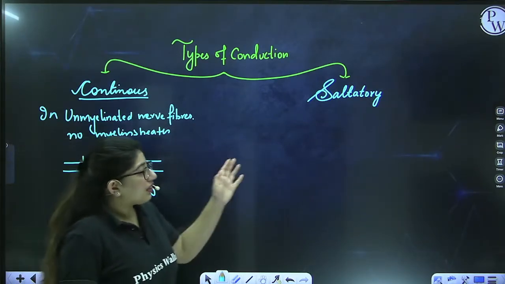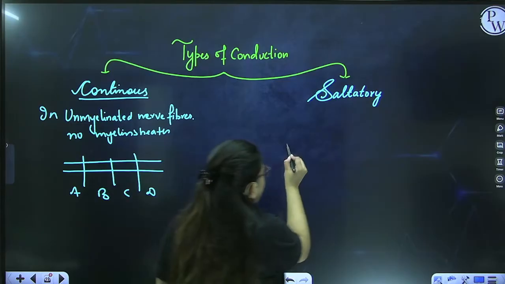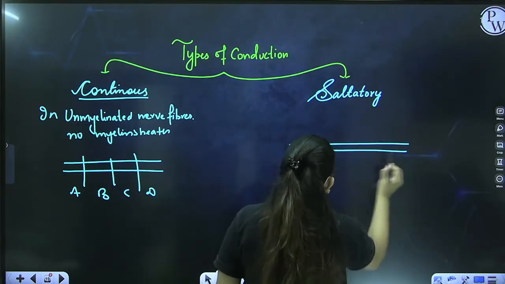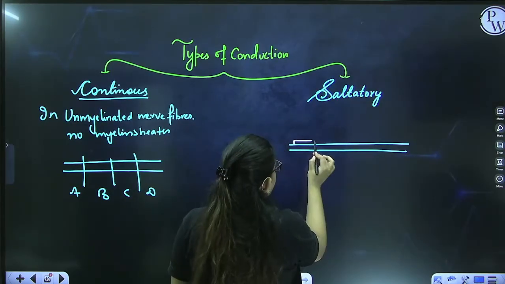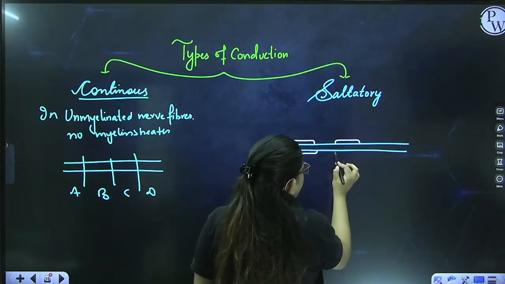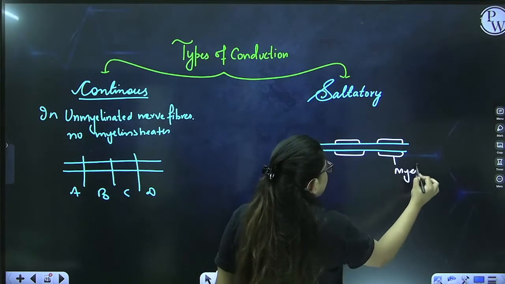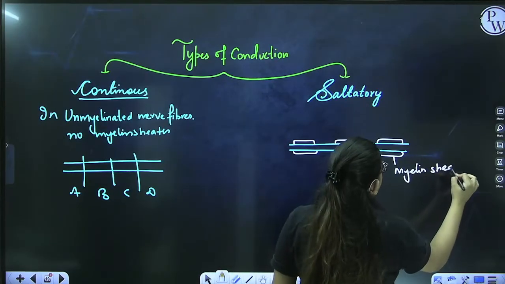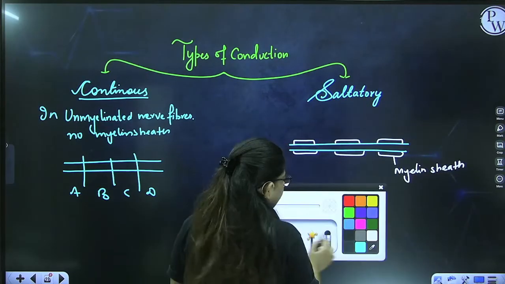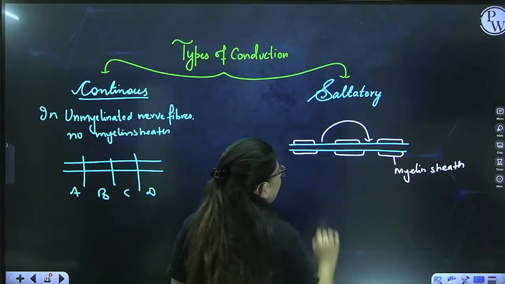Fine. Whereas in the saltatory, what happens? There is a nerve membrane and there is the myelin sheath in places. Because there is myelin sheath, it acts as an insulator. It will not allow the current to pass through. So, the current will move by jumping like this.